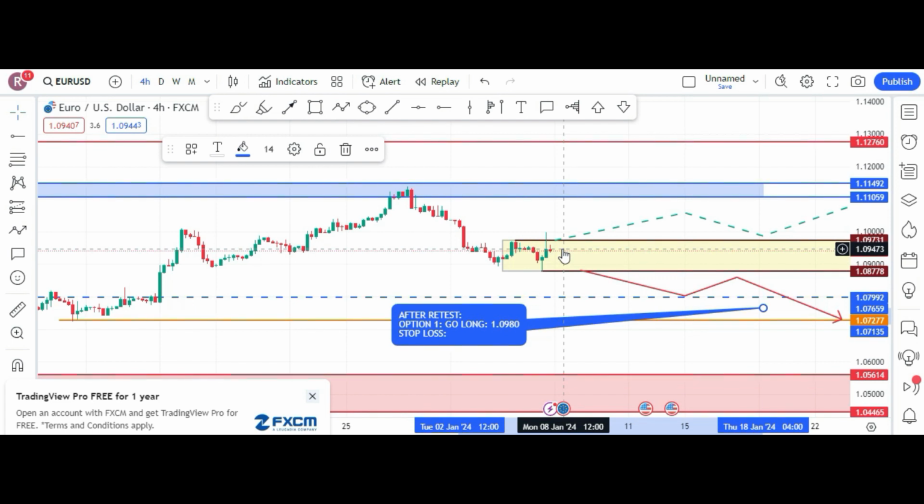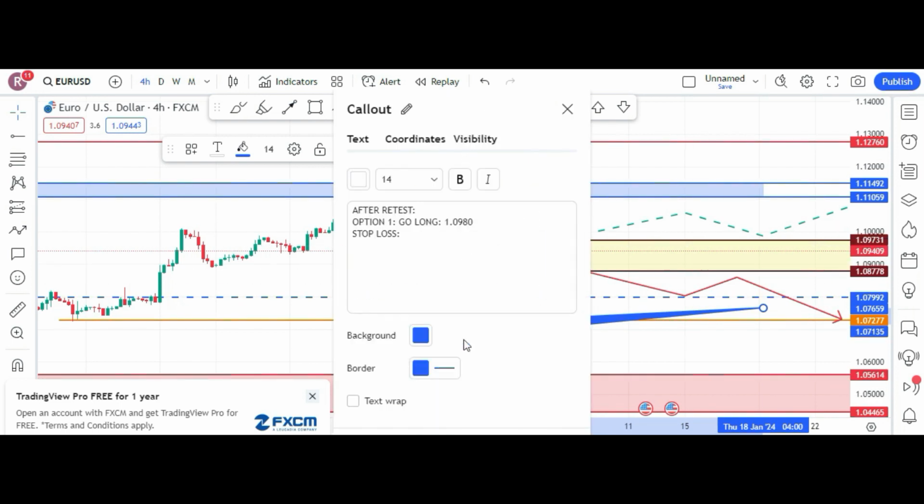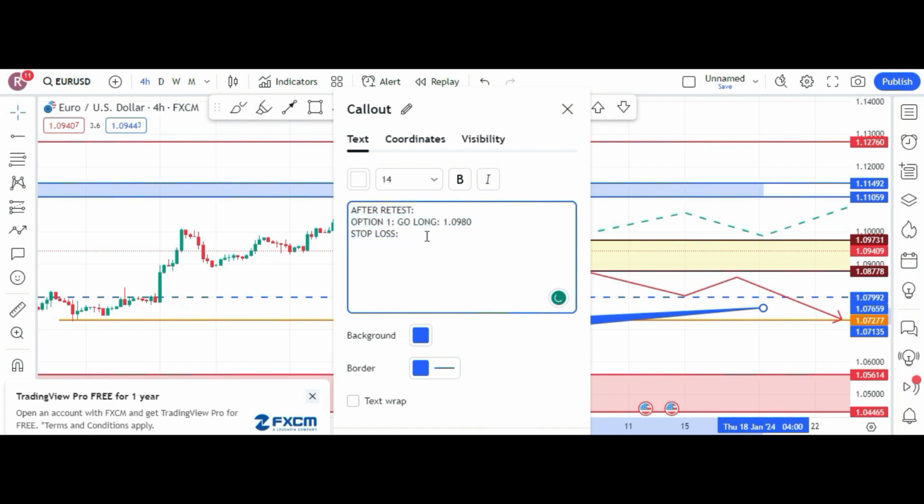You guys can see that is too low. Maybe this red line, neck of the last red candle, 960. So stop loss has to be 1.0960.